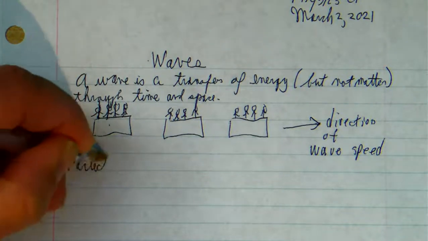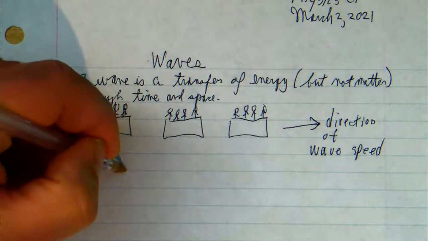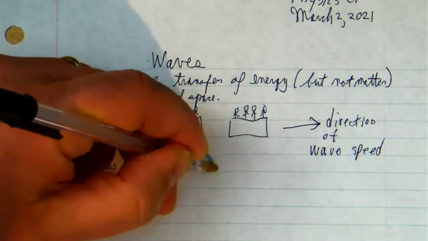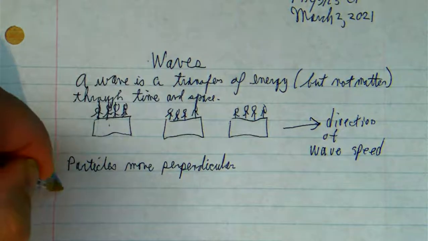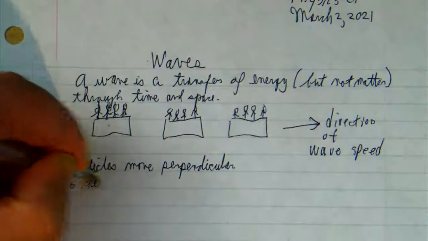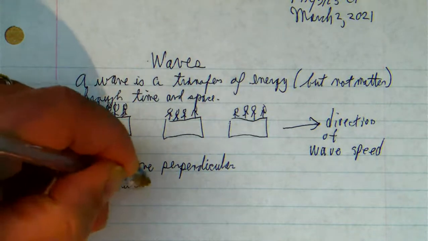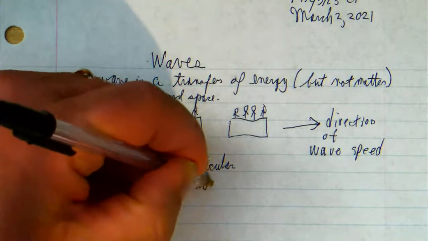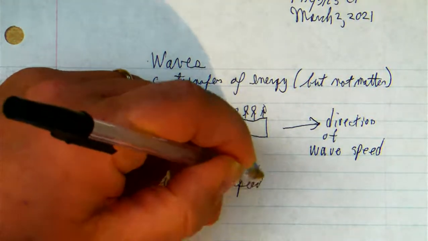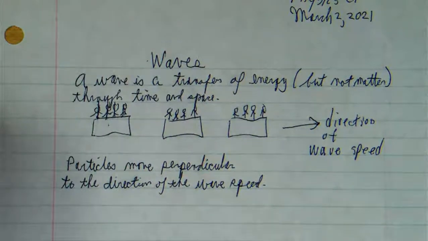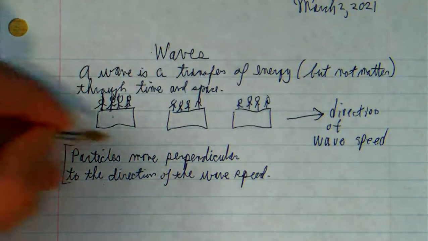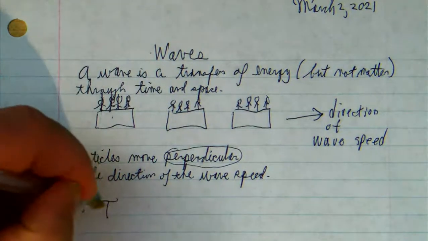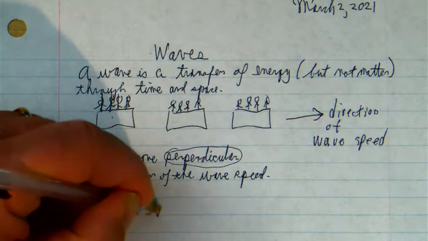The particles move perpendicular to the direction of the wave speed. And actually, there are 2 types of waves. The situation where they move perpendicular, these are called transverse waves.